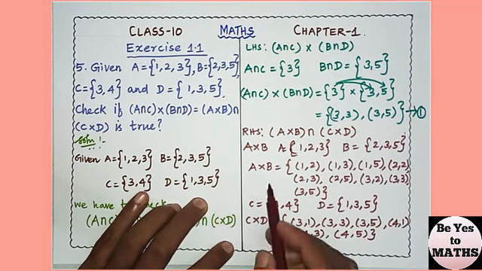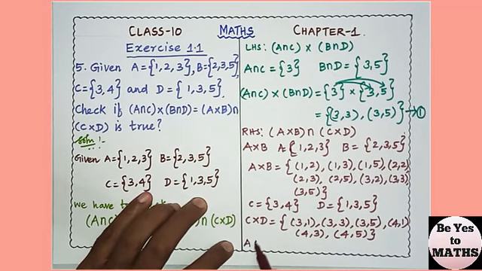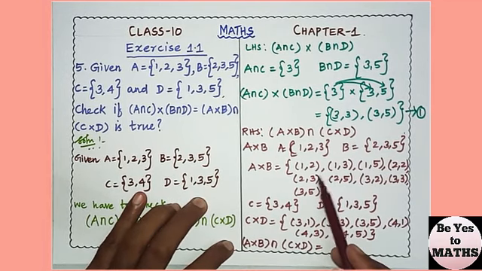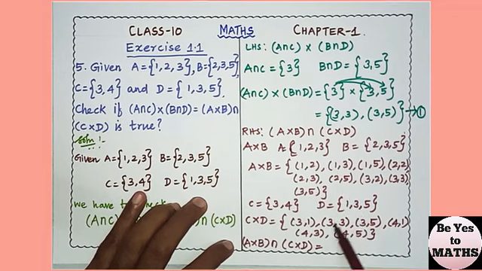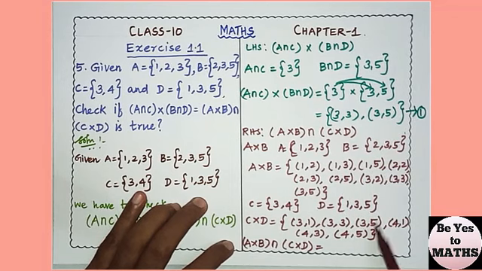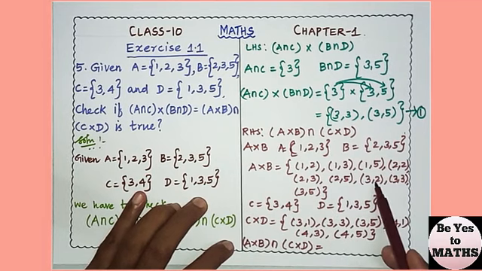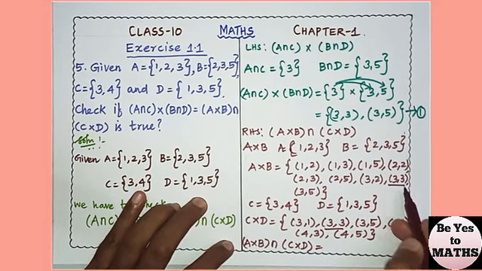Now we'll find out (A × B) ∩ (C × D). Common elements in these two sets. (1, 2) we don't have, (1, 3) also we don't have, (1, 5) we don't have, (2, 2) no, (2, 3) no, (2, 5) no, (3, 2) no, (3, 3) we have in both the sets.